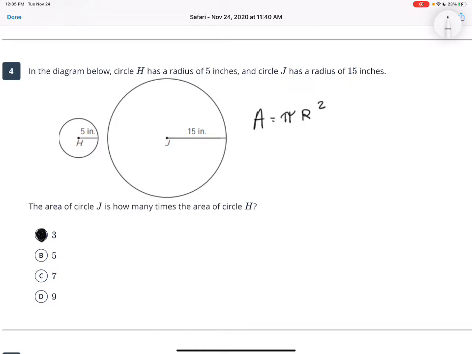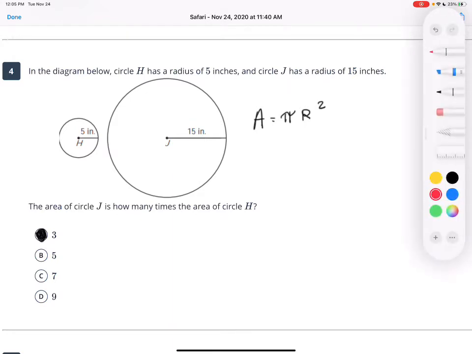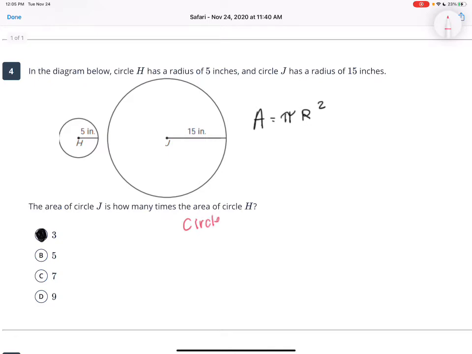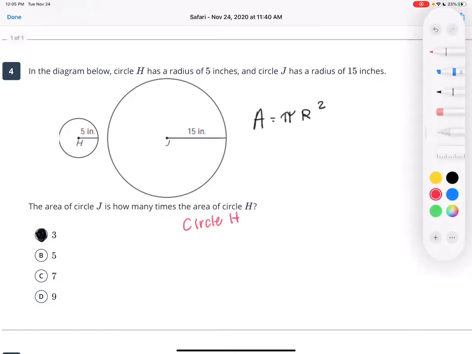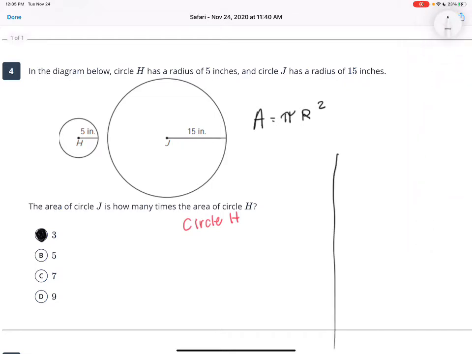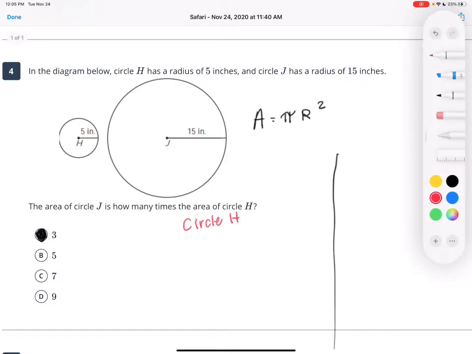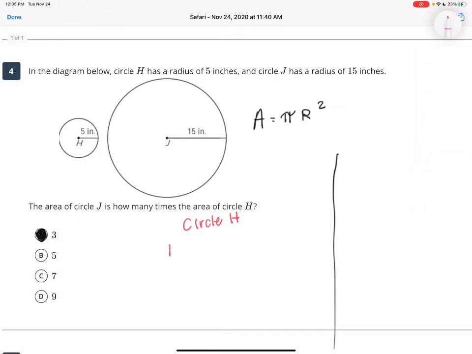Okay, so I'm going to start off with circle H, and I'll be annotating circle H in red. I'm going to write this to the side, circle H, and draw my line of separation so my notes stay neat. For circle H, the area is equal to pi, and remember, we're going to round pi to 3.14, times 5 times 5.